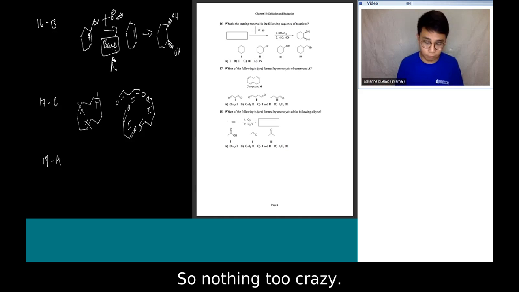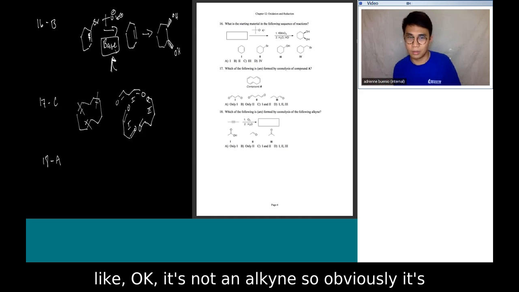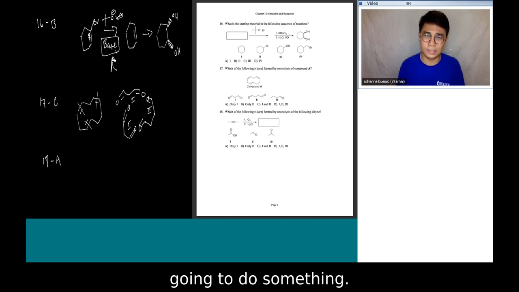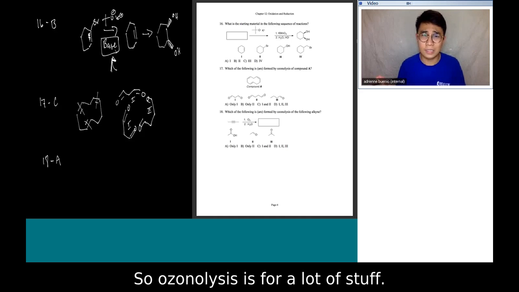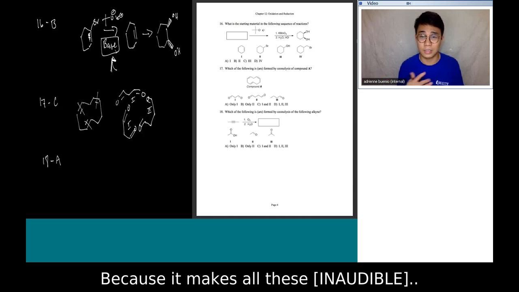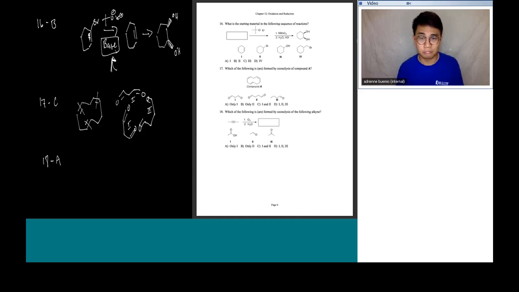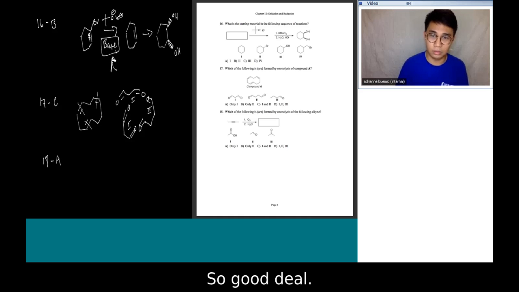So nothing too crazy, and it's just one of those things that's like, okay, it's not an alkene, so obviously it's going to do something. So ozonolysis is used for a lot of stuff. That's kind of why it's good, because it makes all this stuff. Now we have a carboxylic acid that we can use, right? So yeah, good deal, good deal.